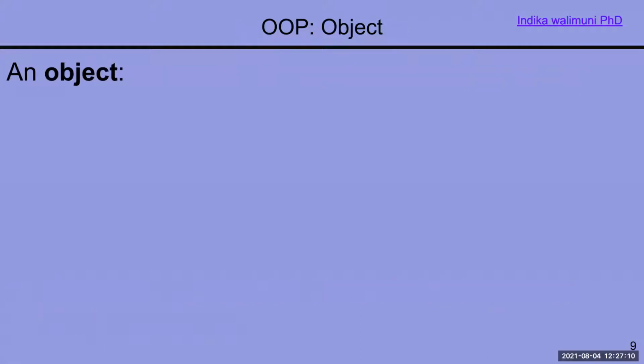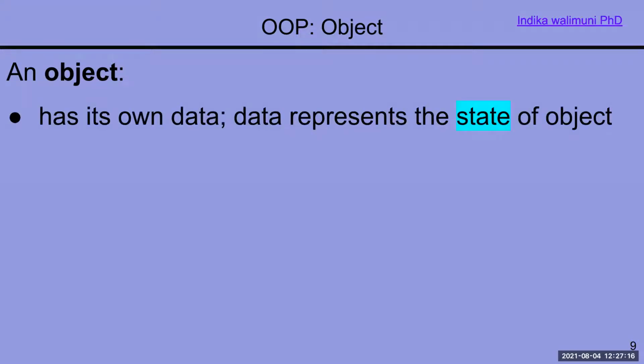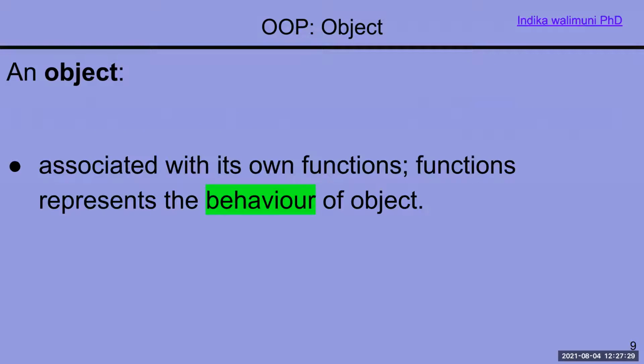Okay. All right, so let's talk a little bit about objects. An object has its own data. We call those data the state of the object, right? If it is a dice, it's how many sides it has.